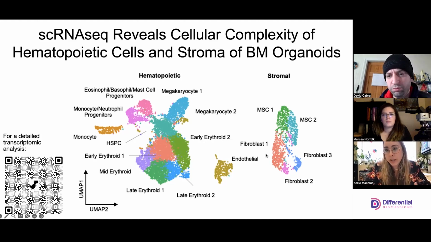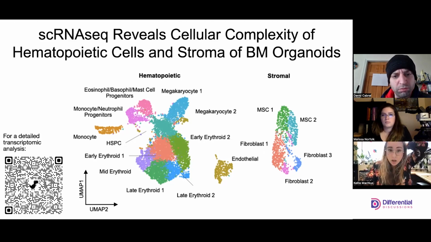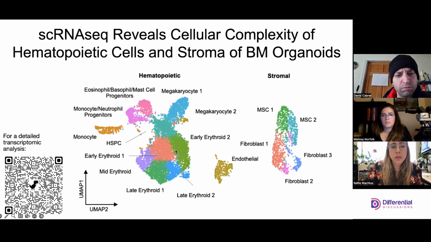So we have populations that are very much like normal human bone marrow, but not exactly. We wanted people to be able to map and say, okay, how does this compare to normal bone marrow? What can we call this?